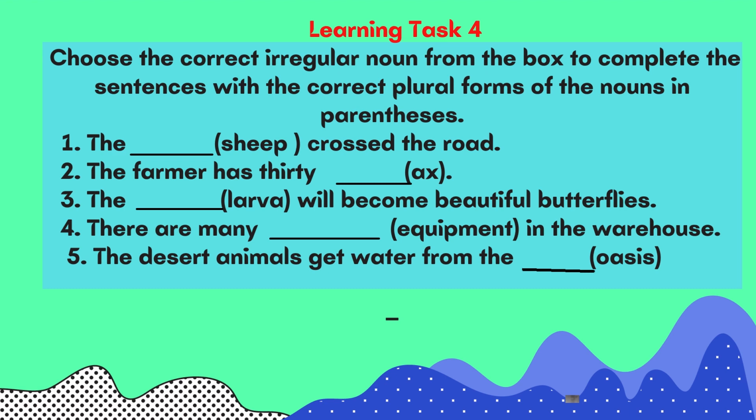Number 4, there are many blank equipment in the warehouse. Okay, what is the plural form of equipment? And the last one, the desert animals get water from the blank oasis. So what is the plural form of oasis? Write your answer in your answer sheet.